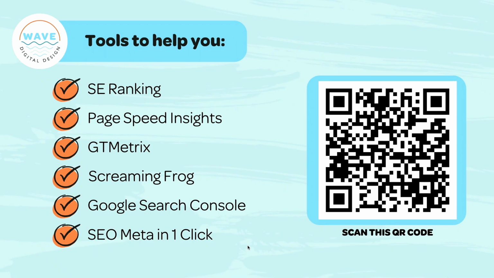Now, before we move on, I am a massive fan of Google Search Console, and I feel like it's a really underrated tool. I think people get confused between Google Analytics and Google Search Console. In Google Analytics, that's where you can see where people are coming from, their location, are they using mobile or desktop, what pages are most popular, etc. On Google Search Console, that's where you can see where your website is coming up.